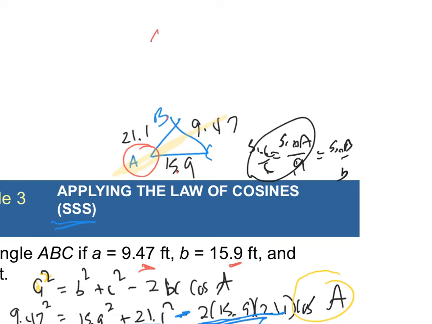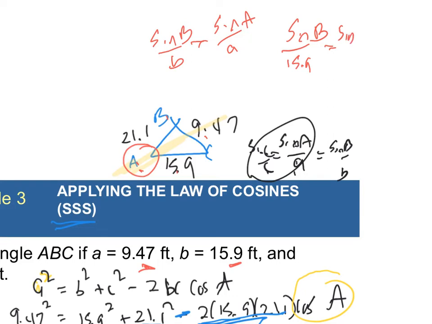I'm going to do sine of B over B. I'm going to pick the pair that I just have, sine of A over A. So sine of B, I don't know, over 15.9 equals sine of the 25 degrees I said, over the 9.47.